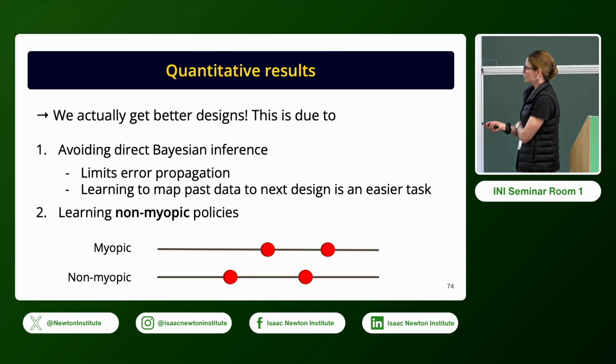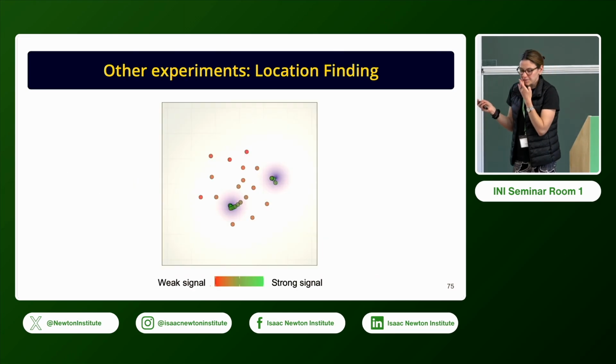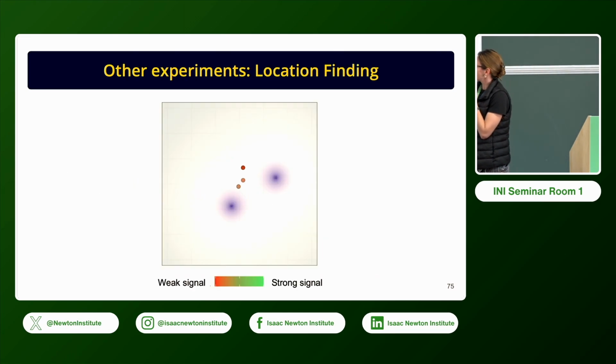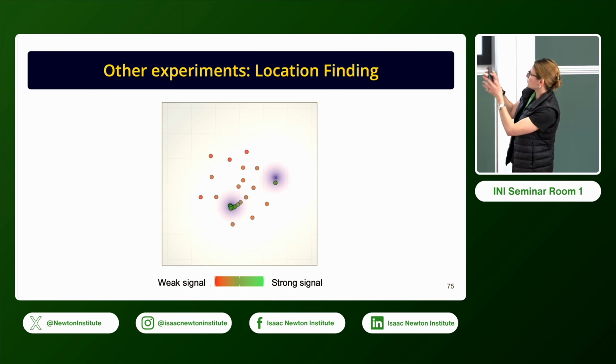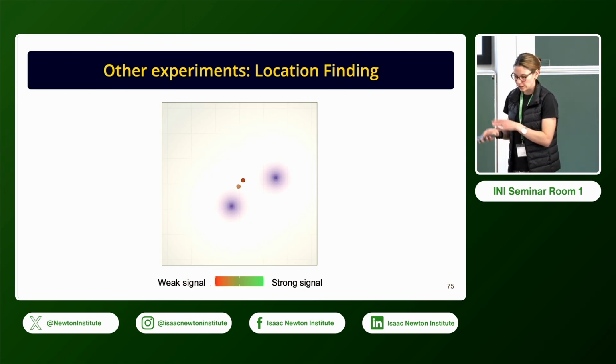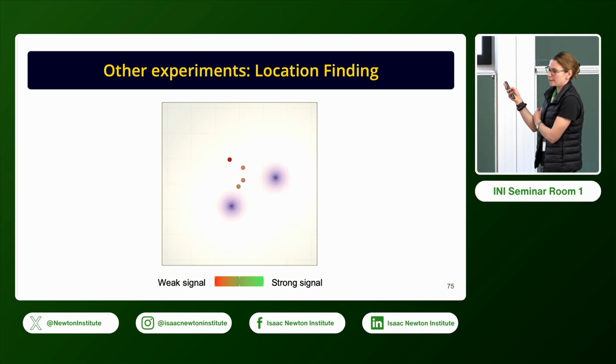Okay, here is another quick experiment. You're trying to locate these two hidden sources, and this is a deep adaptive design network that was again trained on data from that model. And as you can see, it's exploring the space in this spiral. And once it finds a source, it stays there a little bit to make sure that it's got the correct place, and then continues.